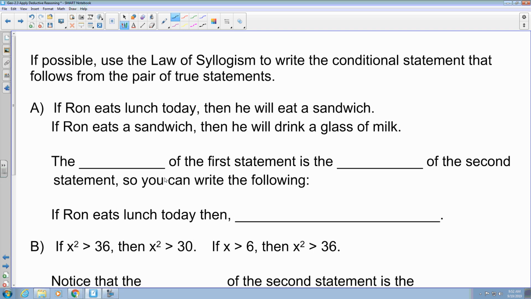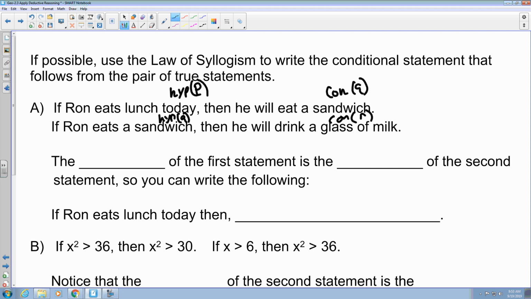Talking about the law of syllogism, this is our first hypothesis, P, and this is our first conclusion, Q. With the second statement, we're making another hypothesis, but it's the conclusion from the first statement, so I'm going to call that Q. Drinking a glass of milk is the conclusion here, and we'll call that R.